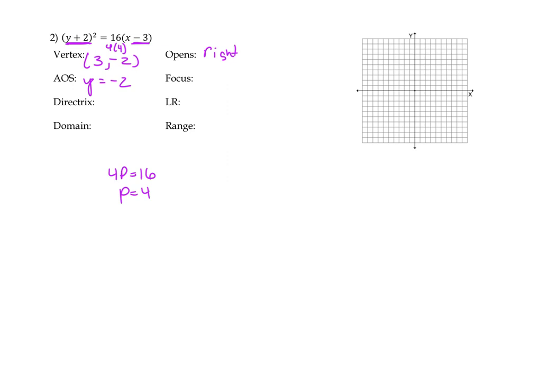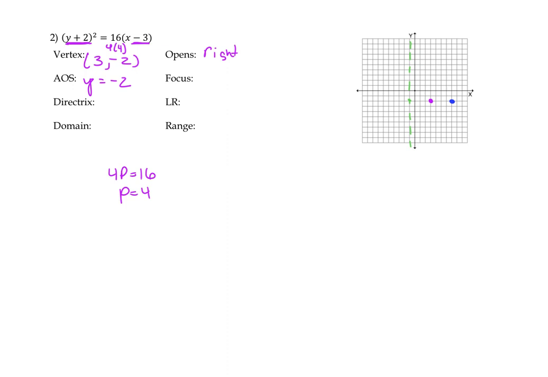Now let's go put this on. So +3, -2. There's my vertex. My focus is going to be 4, since I'm opening to the right. And then my directrix is going to be 4 to the left, because it's in the opposite direction.